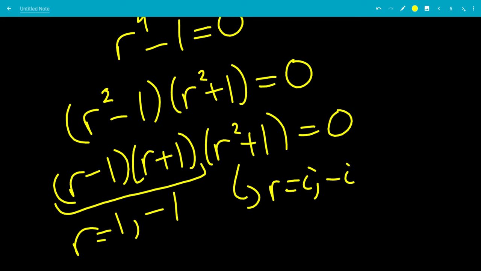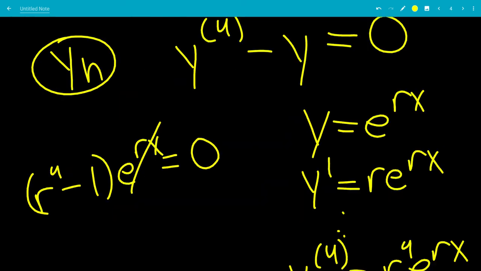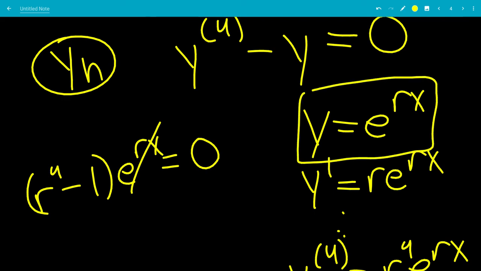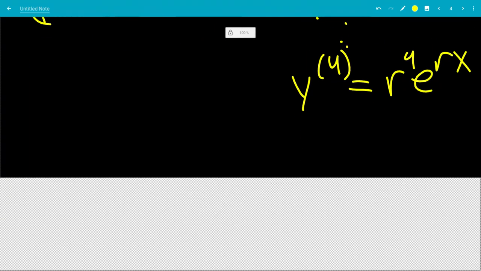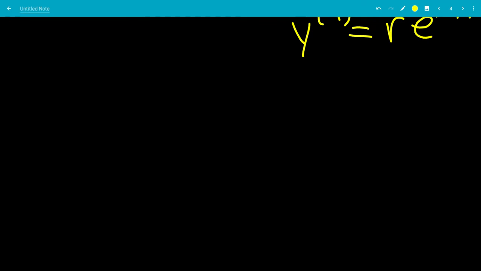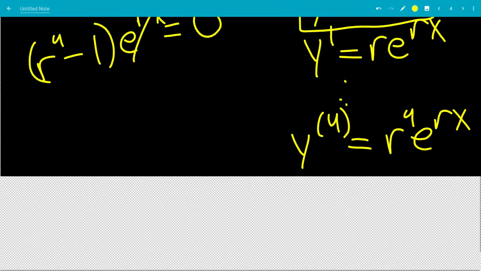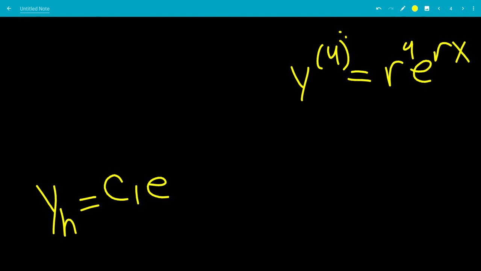Okay. So originally y equals e to the rx, and these are building blocks for the final homogeneous solution. So the homogeneous solution will be built from y equals e to the rx. We're going to have c1 e to the first r, which is 1 times x, plus c2 e to the second r, which is negative 1 times x.